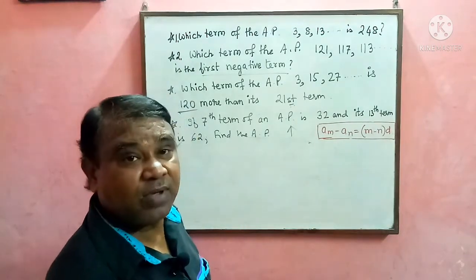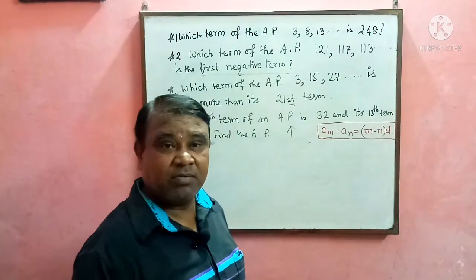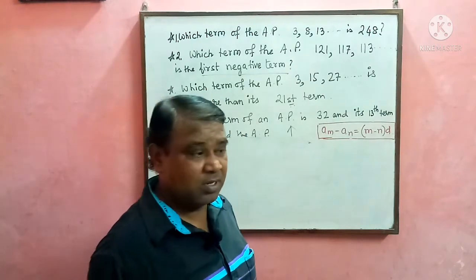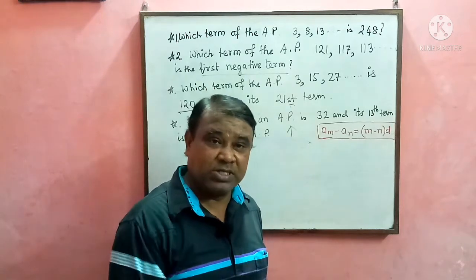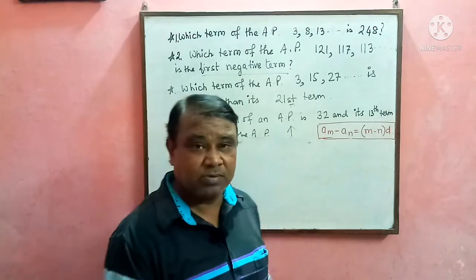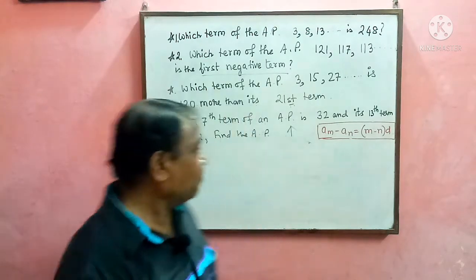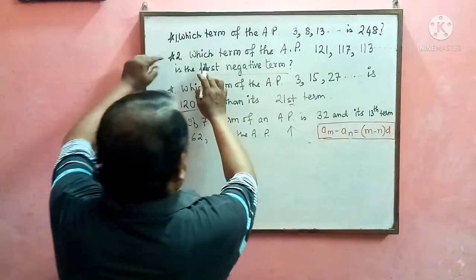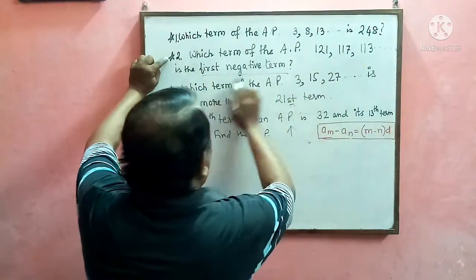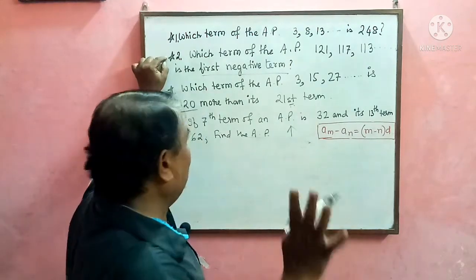Because in number lines we have seen 0 is the mediator between negative and positive terms. If we are shifting from negative to positive, then also we have to jump 0. If it is positive to negative, we are jumping 0. From negative to positive, we are jumping 0. So for this problem, which term of the AP is the first negative term? Let the first negative term be 0.